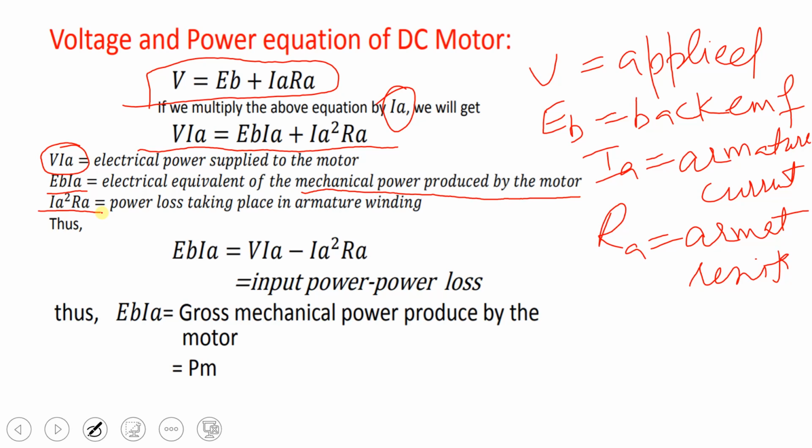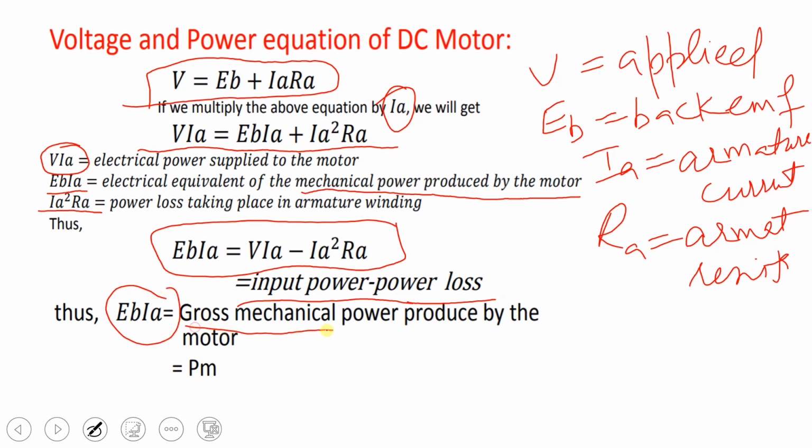So from here we can rewrite this equation: EBIA equals input power minus power loss. This is called the gross mechanical power produced by the motor, and it is denoted by PM.